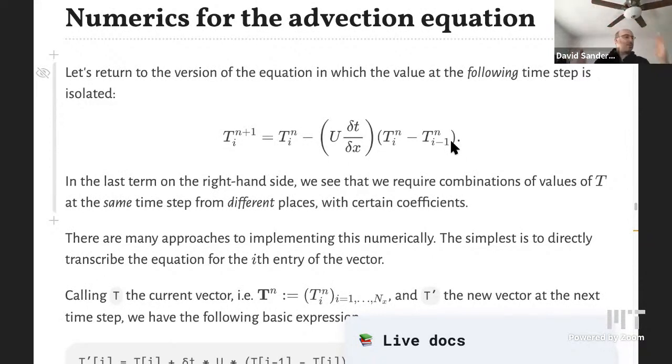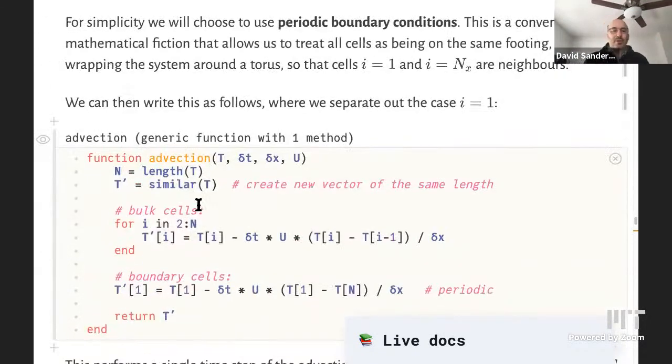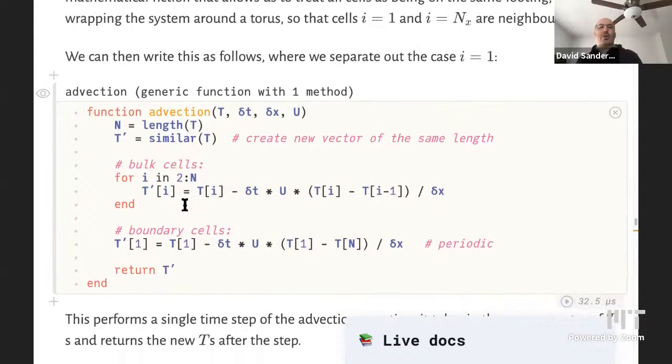So site 1 has as its left neighbor site 0, but site 0 is actually site number n on the other end. That will join the two ends together and make something periodic. Here's the Julia code for that. We have what's called the bulk, which is away from the boundary, and then we have the boundary as a separate item.